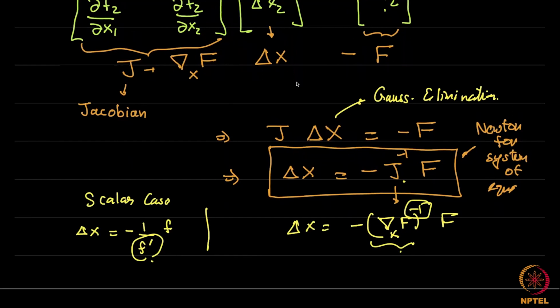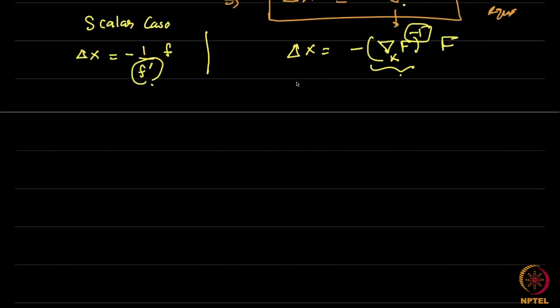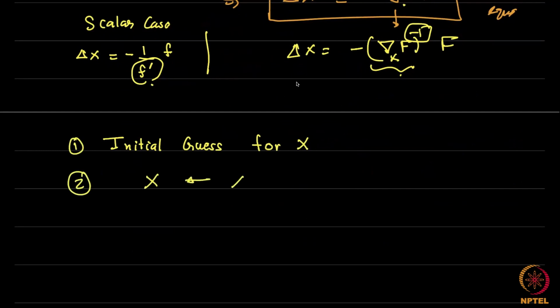Of course, J is a matrix because it is now a system of equations: two f's and two x's. So once again, to summarize, the idea is to initialize the guess for x, then update x as x minus Jacobian inverse times f. Of course, these two have to be calculated.